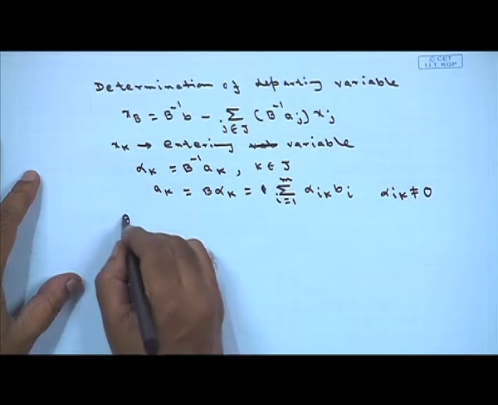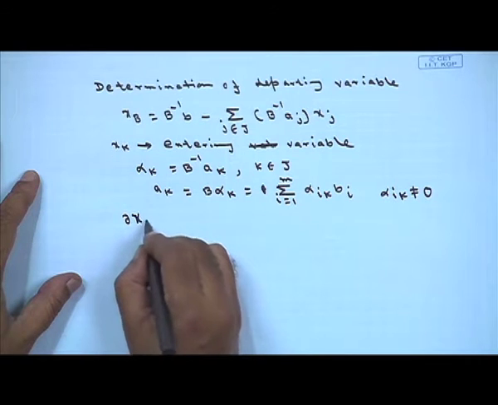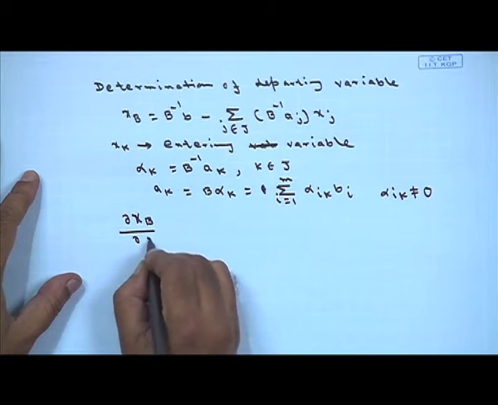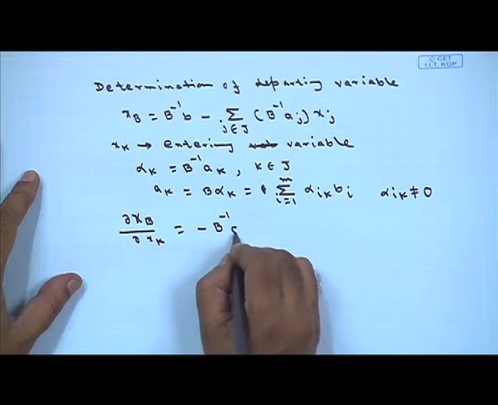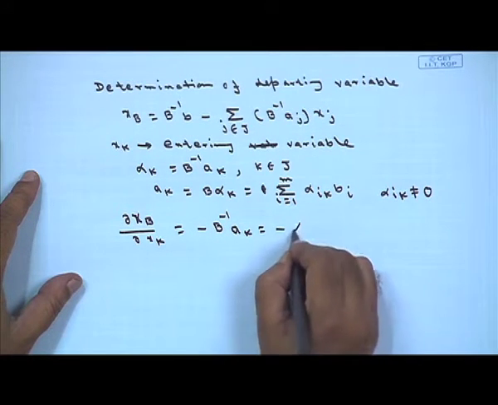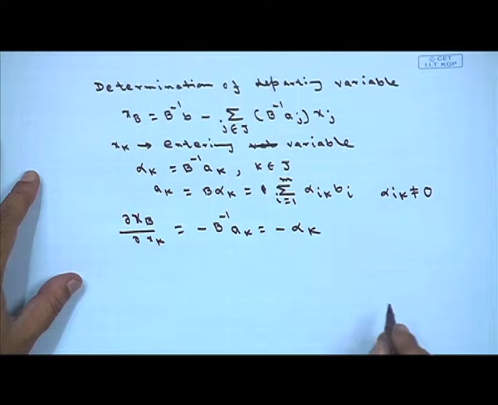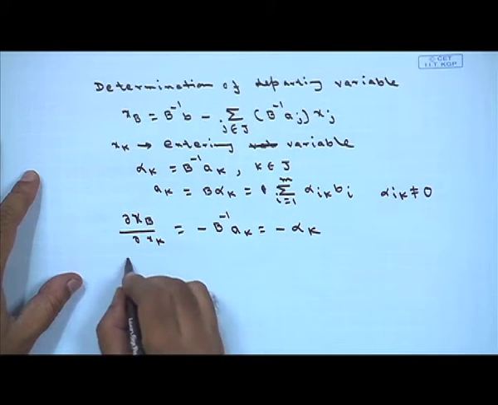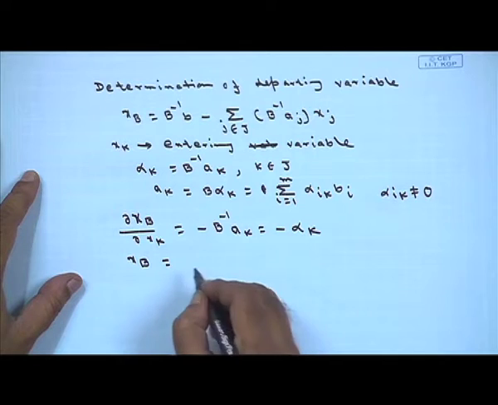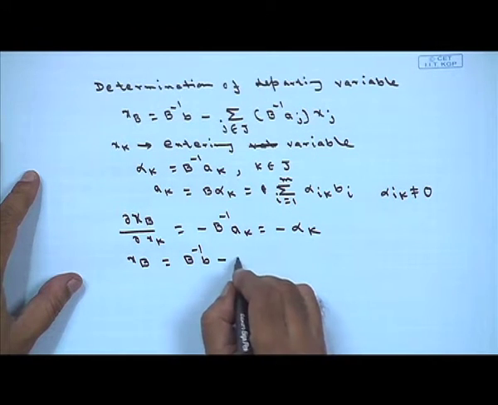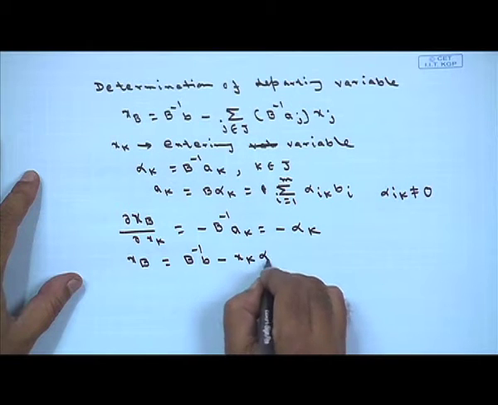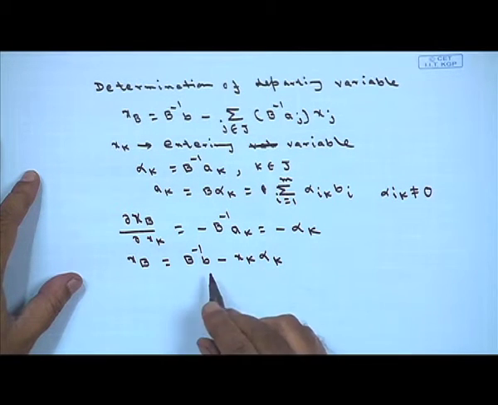Now, this implies that del x_B by del x_k equals minus B inverse a_k, which is nothing but minus alpha_k. So x_B becomes B inverse b minus x_k alpha_k.